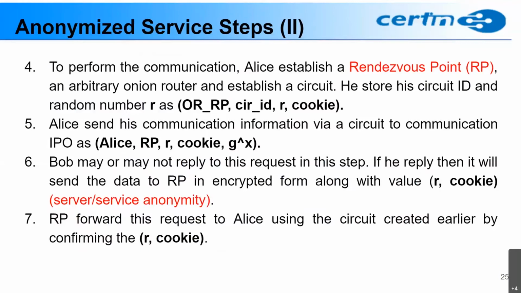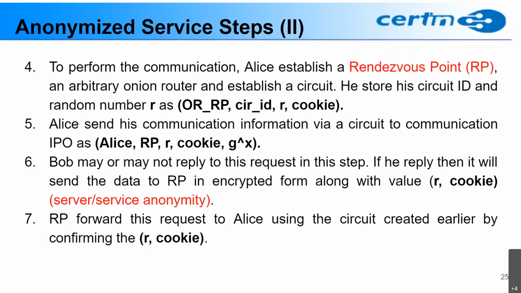He can select any router as a random rendezvous point and create a circuit with that RP, and this sender will store two values: one is a random number R and one is a cookie, meaning that if anybody replies to you having this value R, then send it to me.